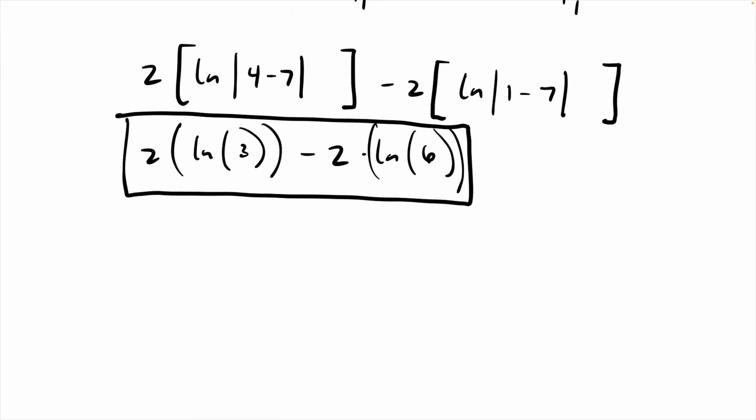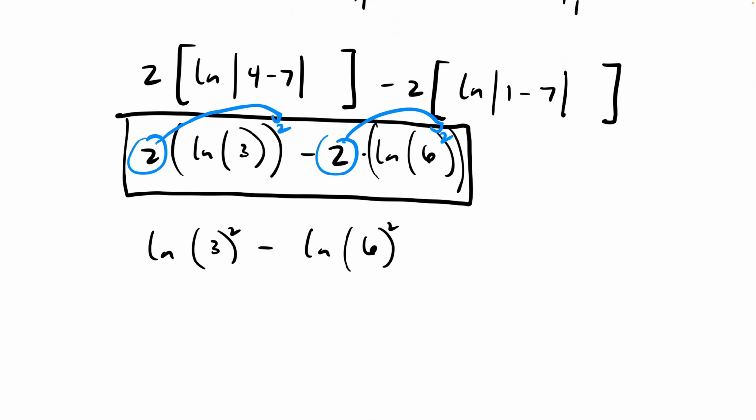I can't simplify natural log of 3, and I can't simplify the natural log of 6. I mean, you could go farther. Since they both have 2's, using log properties, that means this guy is actually squared and this guy is actually squared. You can do that. So it's really 3 squared minus 6 squared.